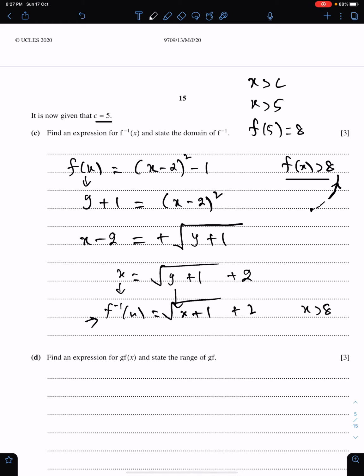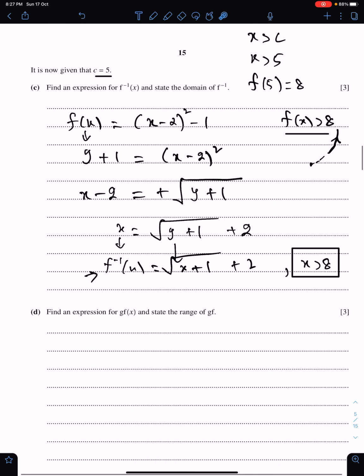So x is greater than 8. This is the domain of f inverse. Make sure you always use this method to write the domain of this function.